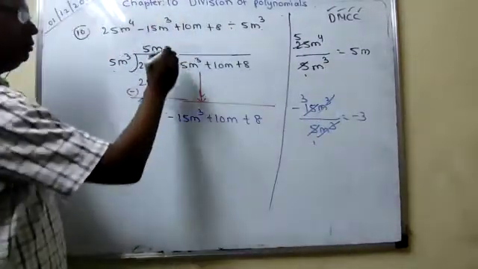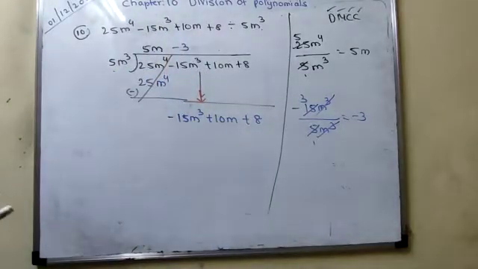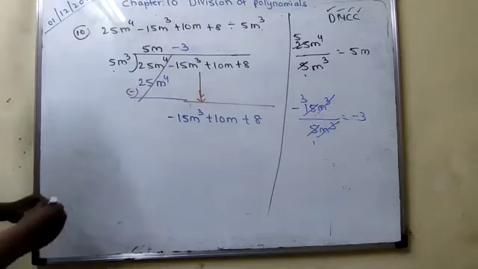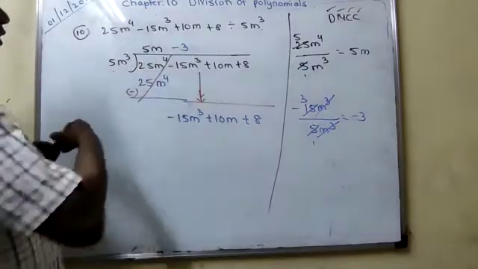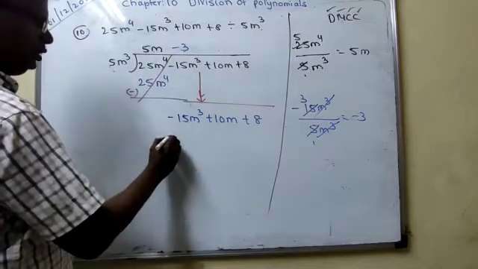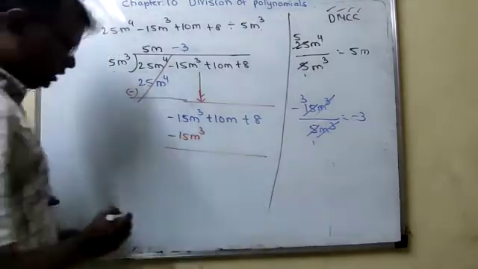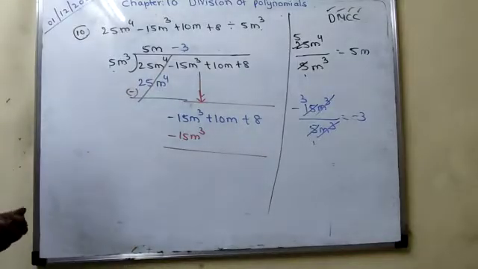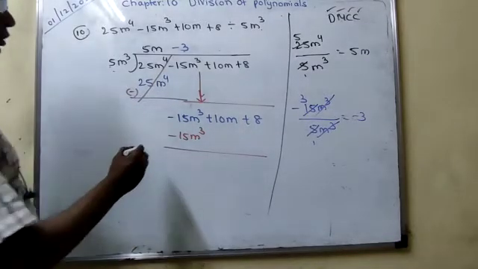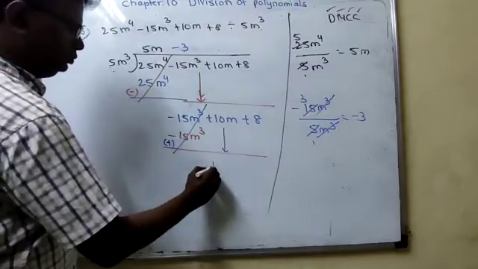So only minus 3 is remaining. Division over. Now multiply this into this. Minus 3 into 5m cube, so it is minus 15m cube. Now change the sign. What is the sign here? Minus, so it will become plus. Then cancellation.